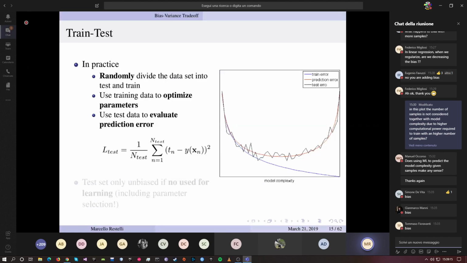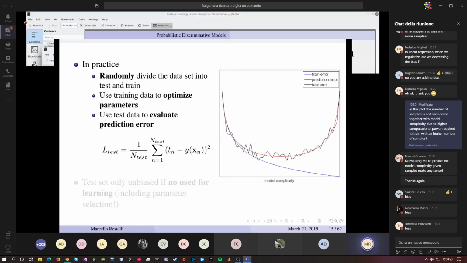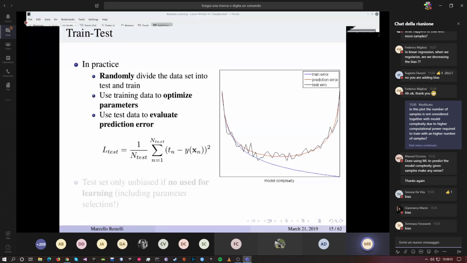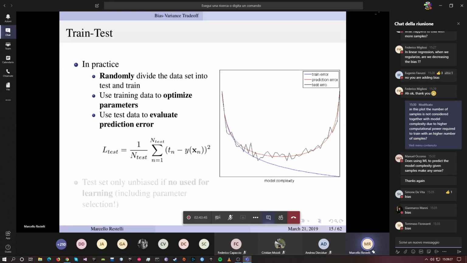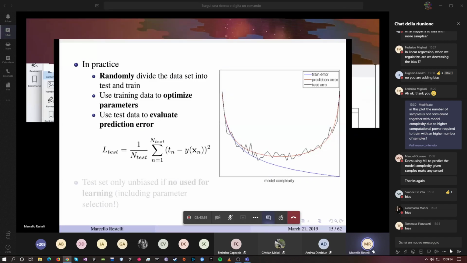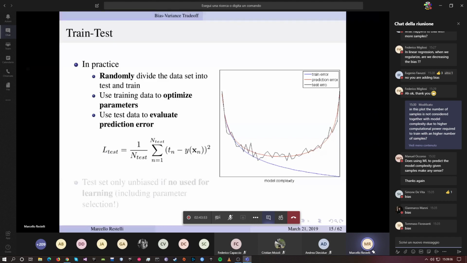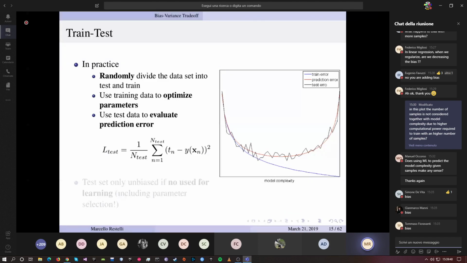But it stays around the red line, which is the line that I would like to measure. I'm using the black line as a sensor, as a way of measuring the red line, because I cannot trust the blue line, while the black line is an independent way of measuring the prediction error.